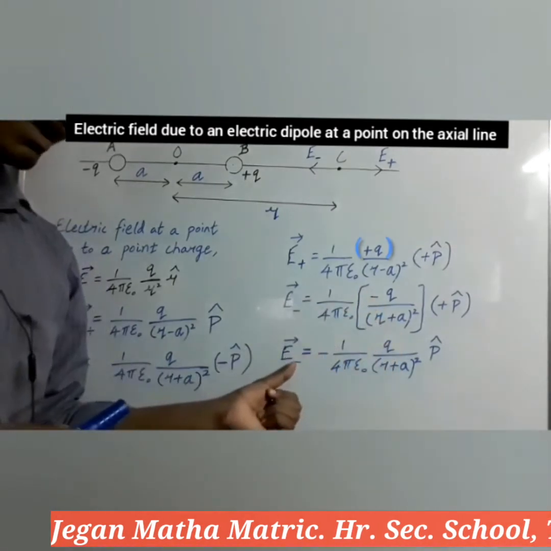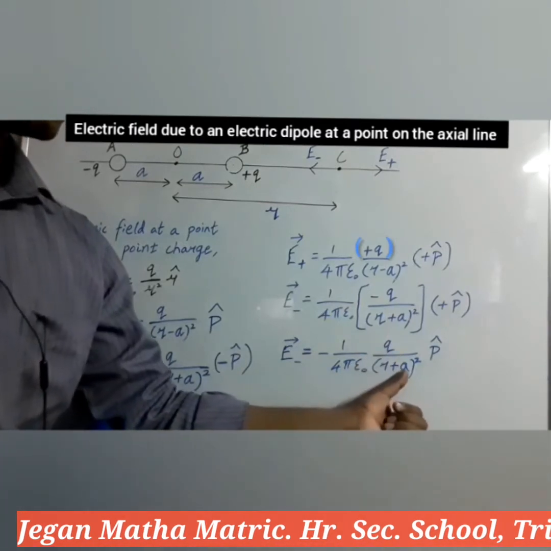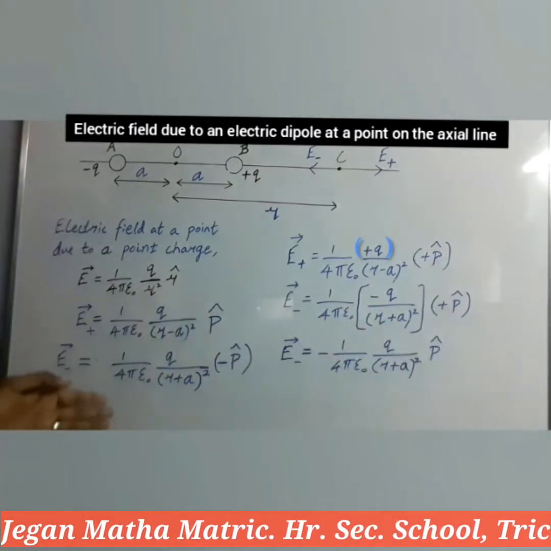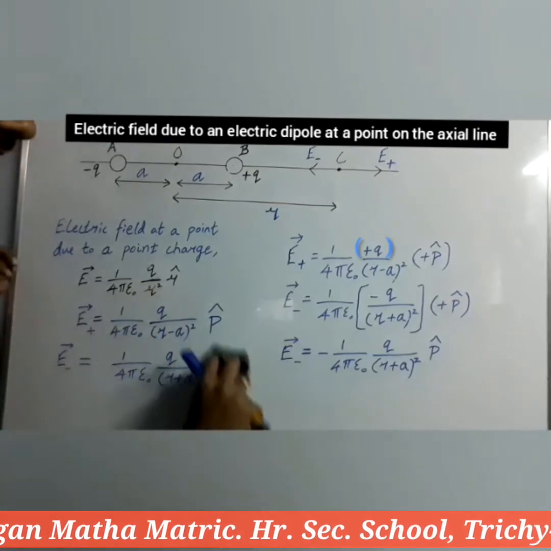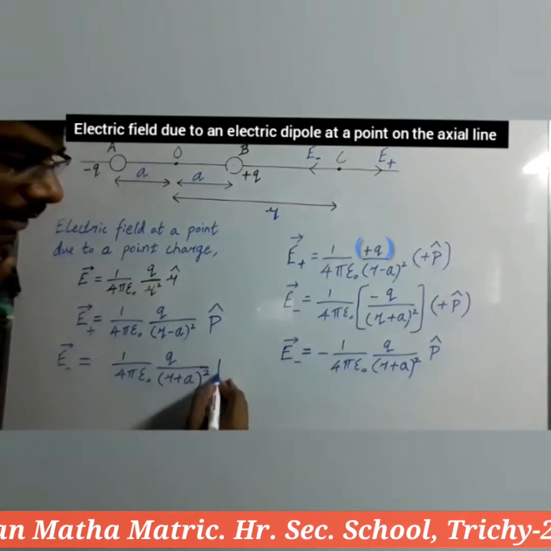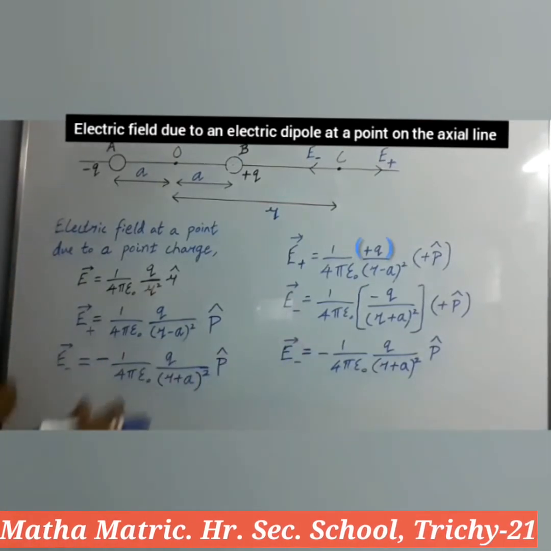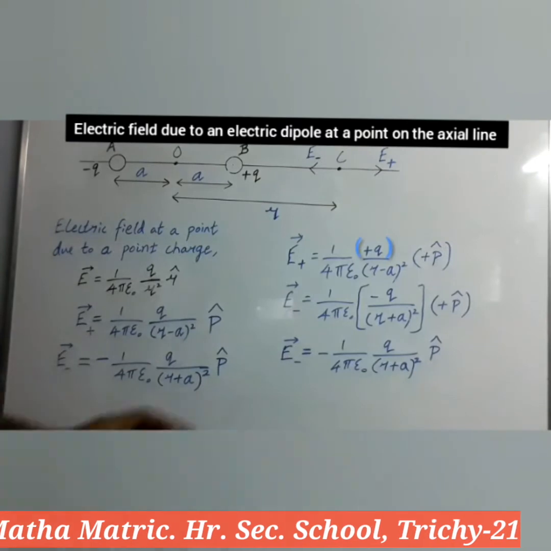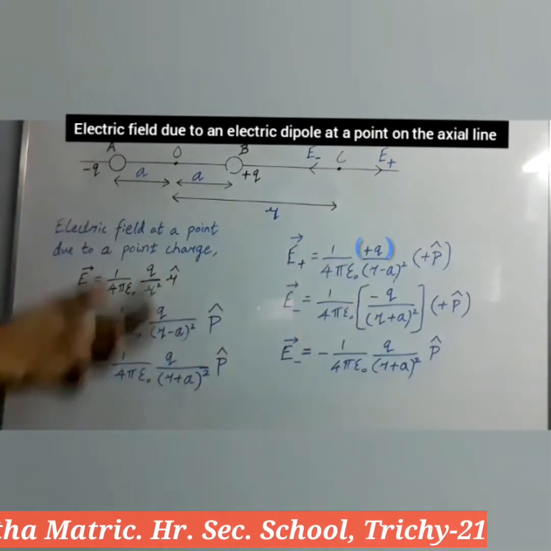So E vector due to the negative charge is equal to minus 1 by 4 pi epsilon naught q by r plus a the whole square p cap. Here in this case, that minus can be taken in front of the expression. Minus p cap was written earlier, so the minus can be taken in front. In both cases, we are getting the same expression. Either this one or the second expression can be used. Whichever technique is easy for you can be used.